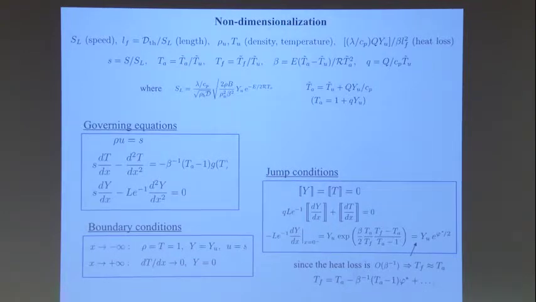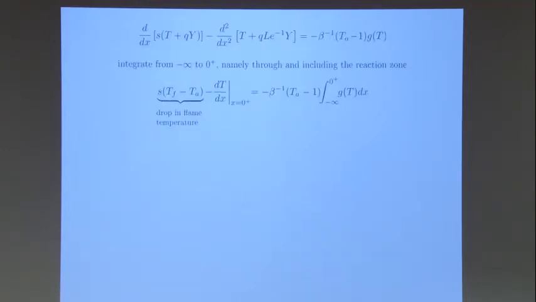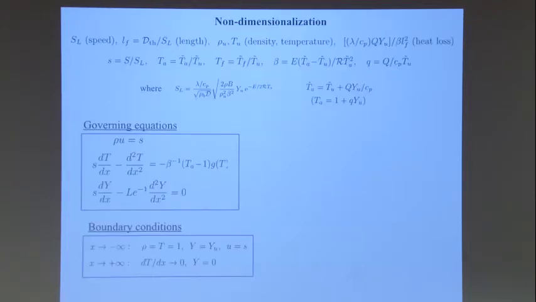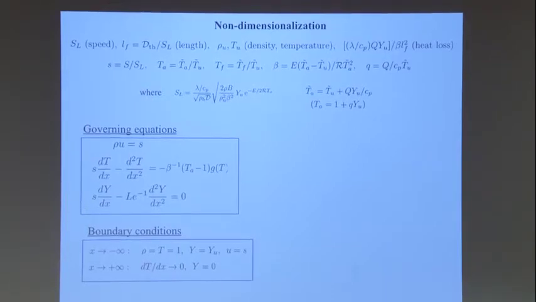All right. I can solve this systematically, but I can also do something which is helpful in illustrating the answer, and this is what I'm doing here. I'm taking the combination of the two equations for temperature and species, and I'm going to integrate this equation from negative infinity up to and including the reaction zone.